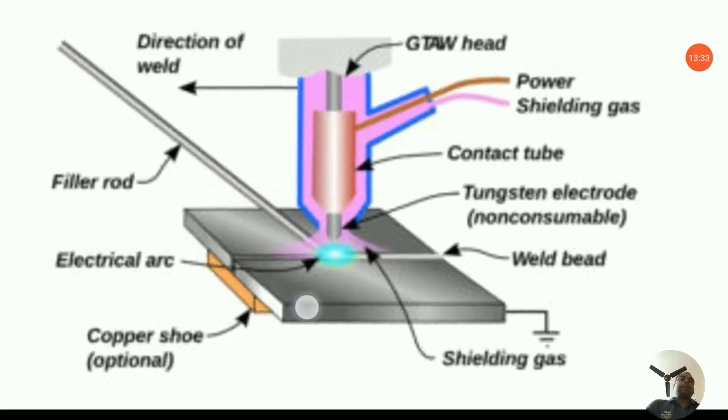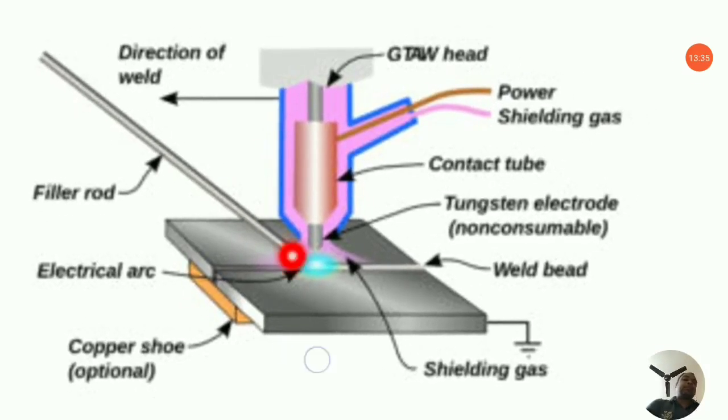Now here I have chosen another diagram for giving a clear idea of what actually a welding setup looks like. So this is the parent material, as you can see. Here is the electrical arc, as you can see over here. A filler rod is this one.